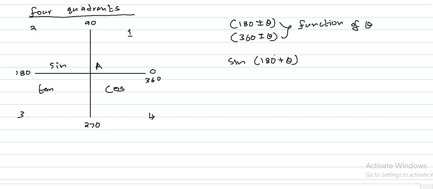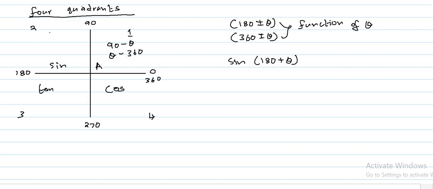Is that function positive or negative? Remember, on quadrant number 1, we have 90 minus theta, and we also have theta minus 360 when you go in terms of negative angles.